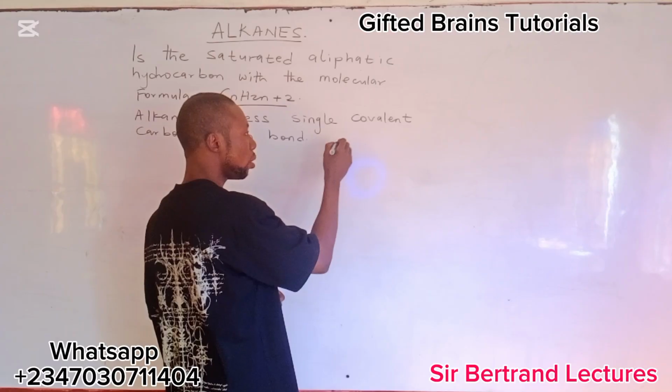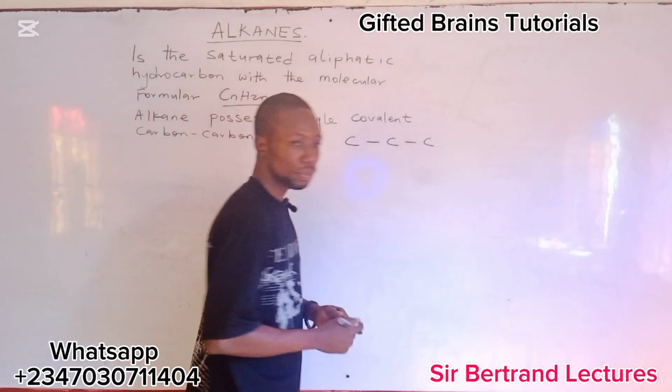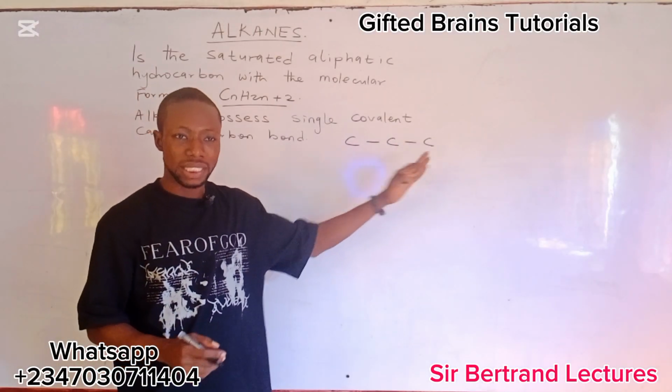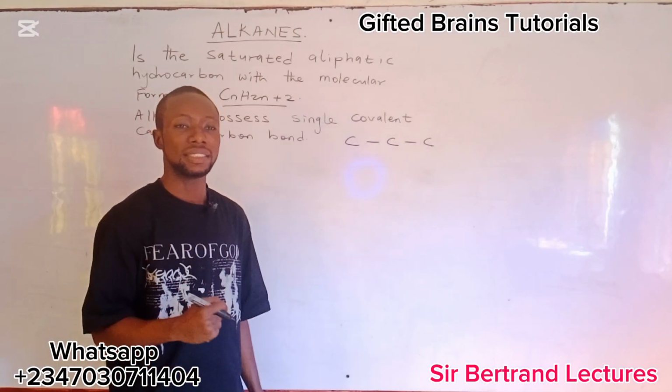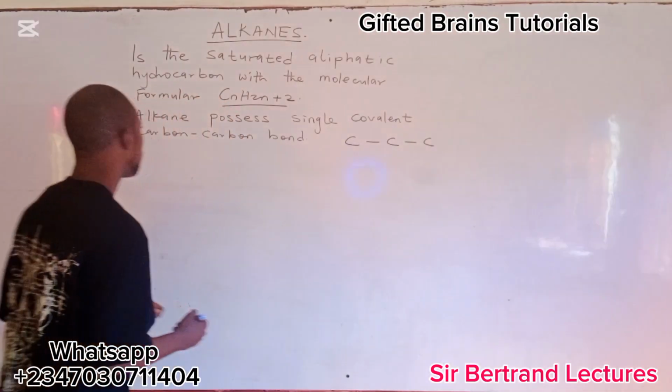That is, the bond between all the carbon atoms in an alkane is a single bond, and that bond is known as a covalent bond.